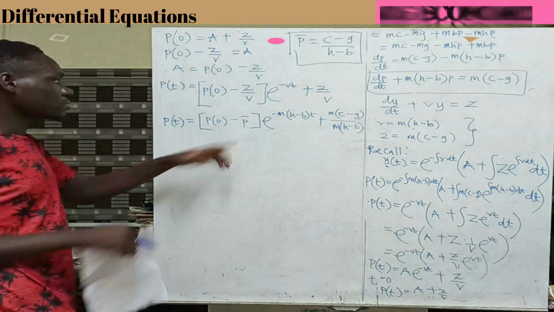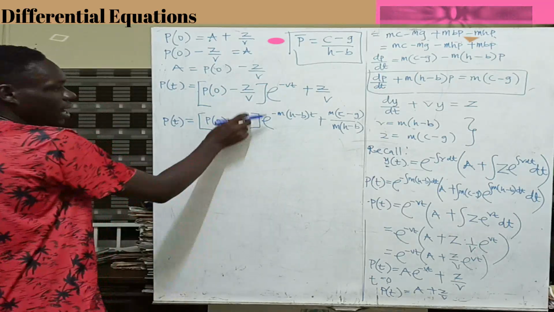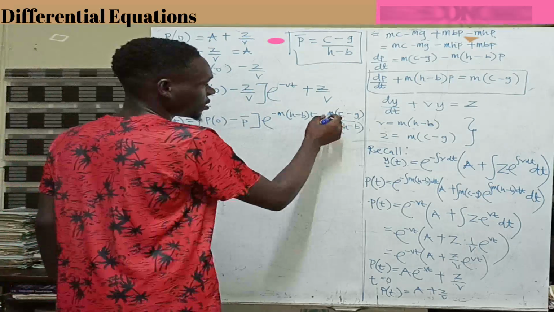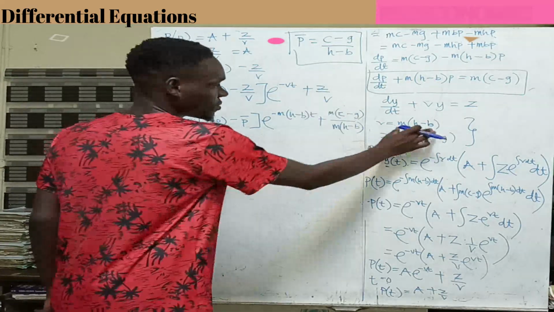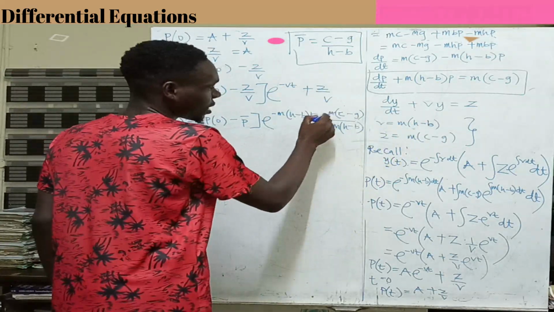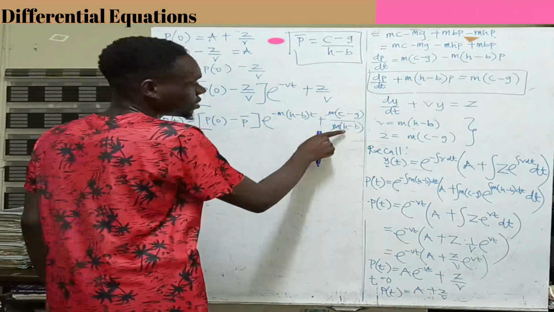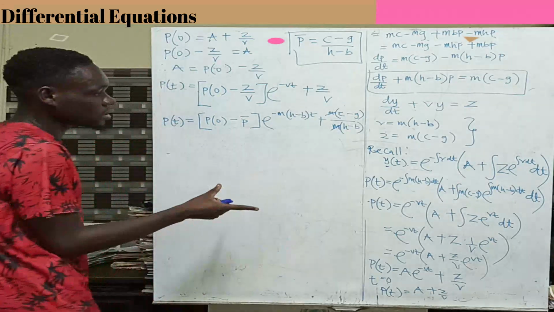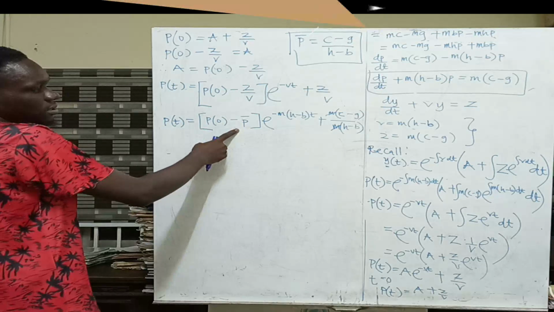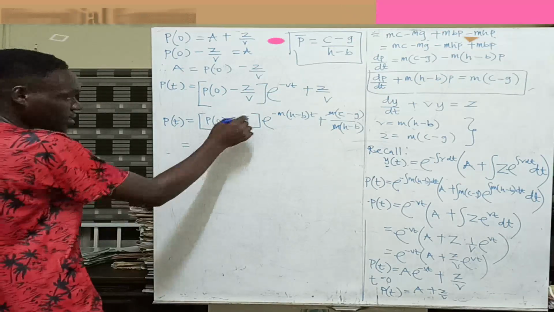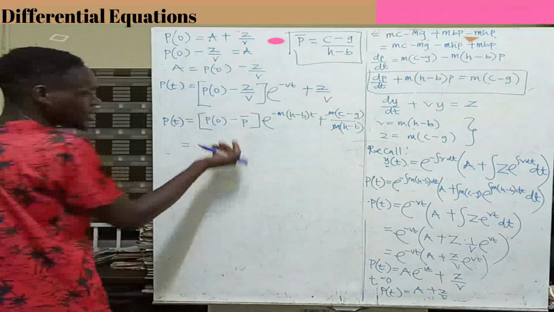Now, how did we get this? Someone might be wondering how we got this. The bar, p bar, something like that. Here z from here is this, and then v from here is this. So here this cancels this out, and then we are left with c minus g over h minus b, which is this here. And that is why, instead of writing this, we are just replacing this here.